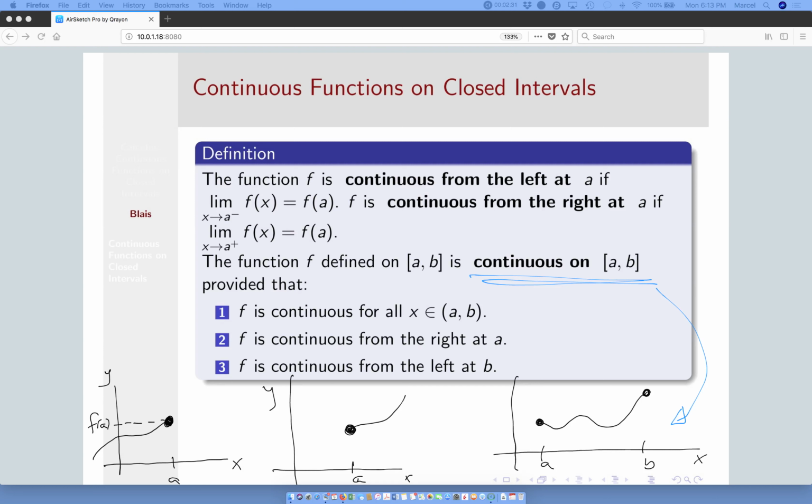Now, intuitively, you can think of that as you put the pen down at f of a, you draw the graph without taking the pen off the paper, and you end it at f of b. And so I should also mention, continuity on [a, b] means continuous from the right at a, continuous from the left at b, and then the regular notion of continuity in between, for all the x in between.